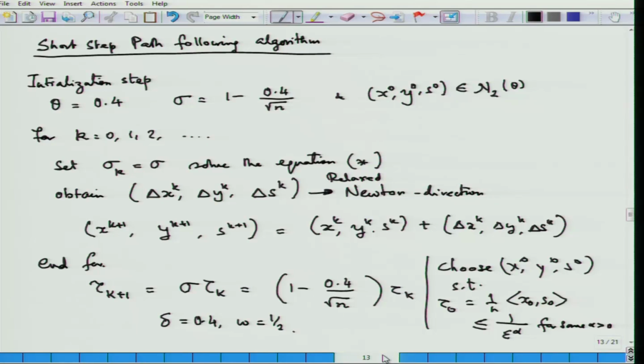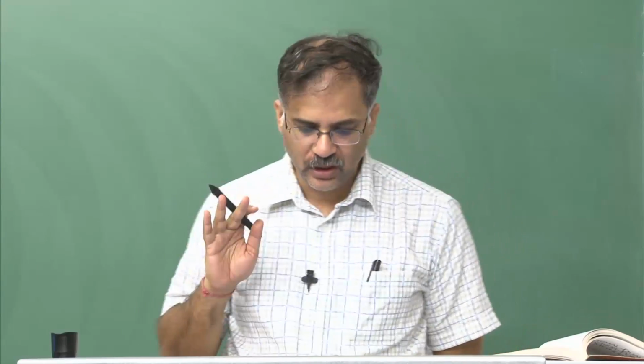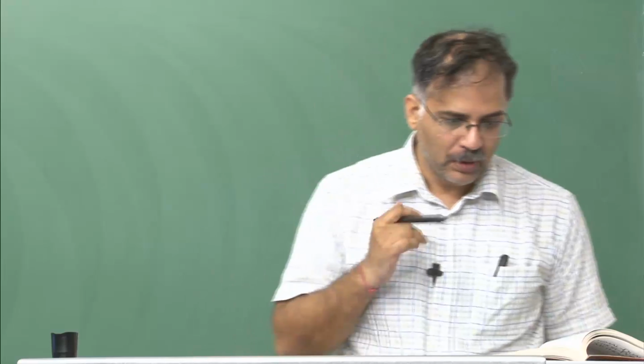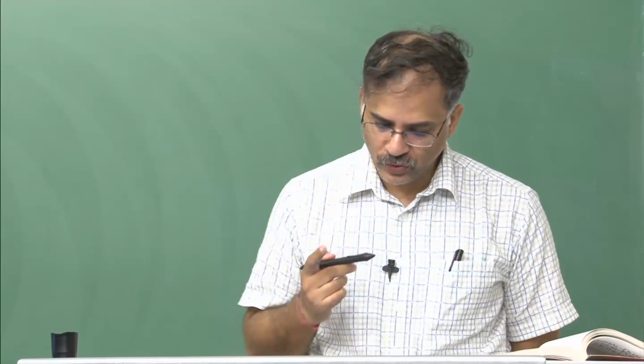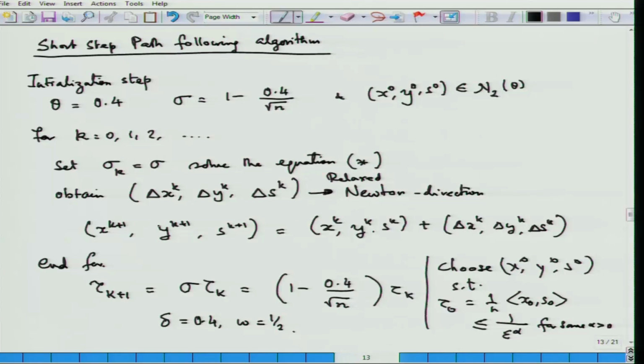And now, okay, we have done our first step, polynomial time game is over, we have proved that we can show it is in polynomial time. But what important thing we have to show is that when I compute x k plus 1, y k plus 1 and s k plus 1 from x k, y k, s k, then I must be sure that this x k plus 1, y k plus 1 and s k plus 1 is also in N2 theta, and that is what we will discuss tomorrow, how we can show that this is in N2 theta.